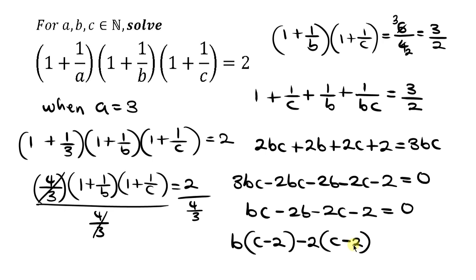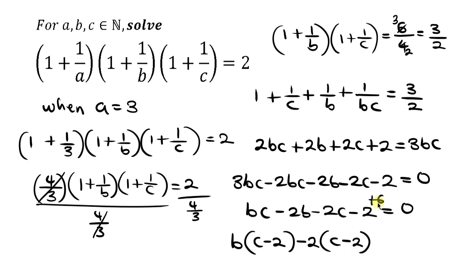But in order to make this possible, let's multiply this negative 2 times negative 2. So negative 2 times negative 2 gives 4. So what am I going to add to negative 2 to make it 4? 6 is the value, right? So I'm going to be adding 6 to the left-hand side in order to make this valid.